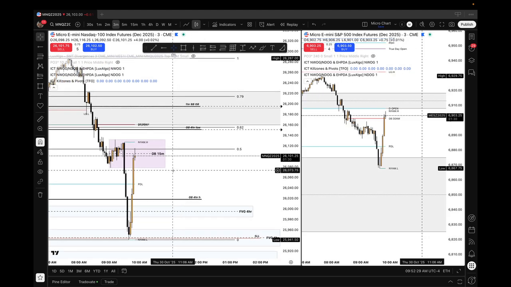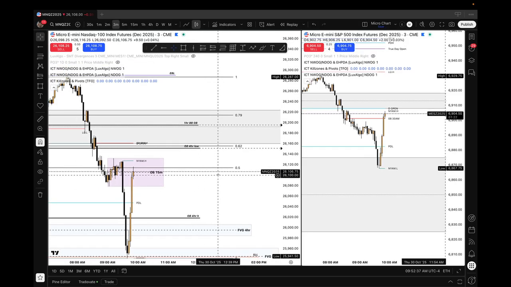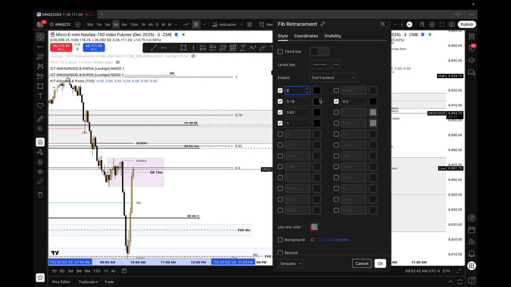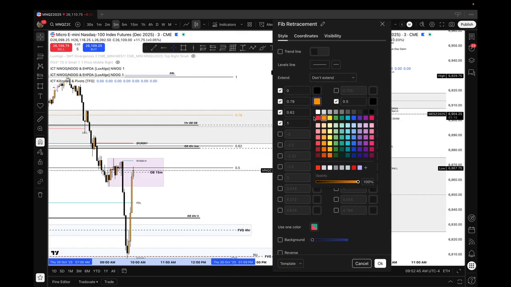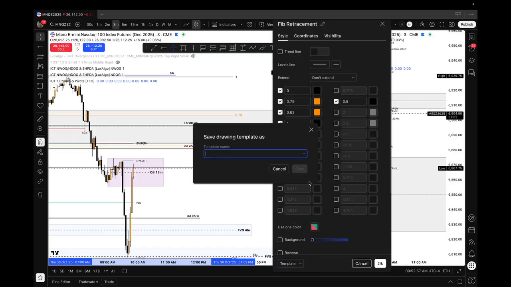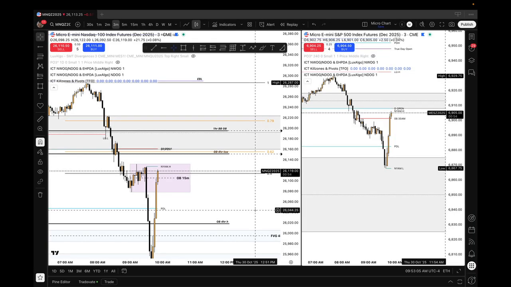So we are at equilibrium of the range though, but I believe price could reach into OTE, which I do sort of want to change the color of OTE to maybe orange or something. Yeah, just so I can see it better, I guess.